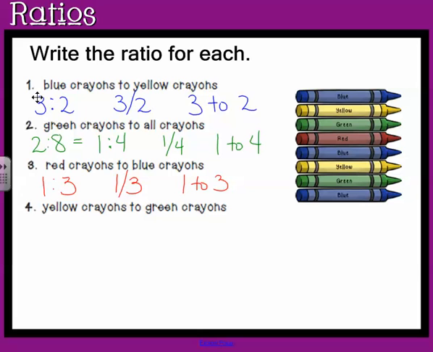And our last example on this page asks us to compare yellow crayons to green crayons. I have 2 yellow crayons compared to 2 green crayons. Again, I can simplify that to a 1 to 1 ratio. So I would write 1 over 1, or I would write 1 to 1.